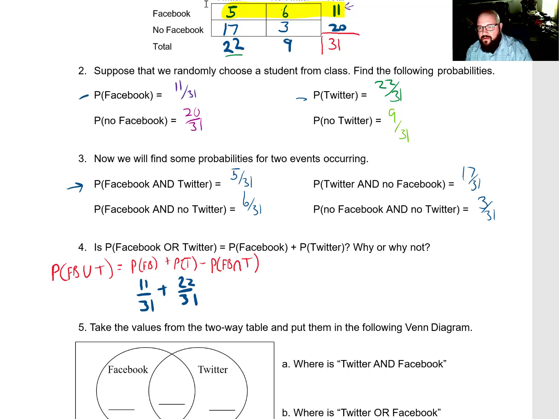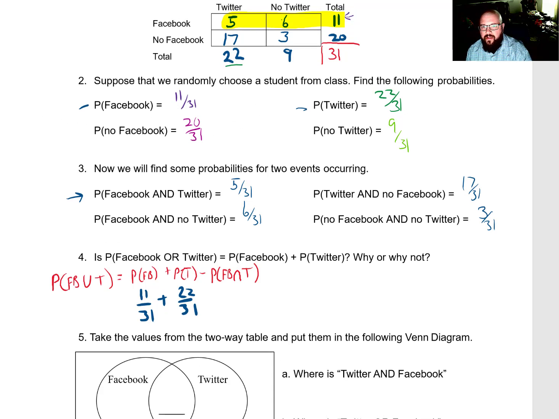And then to use Twitter, the probability of getting Twitter we said was 22 out of 31. If we added 5 and 17, that's how we got 22. Well, what number do we use twice in getting that value?